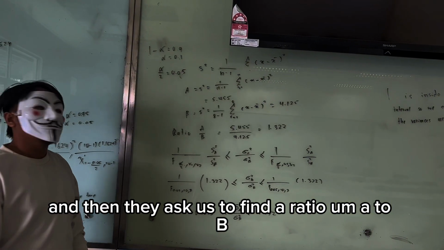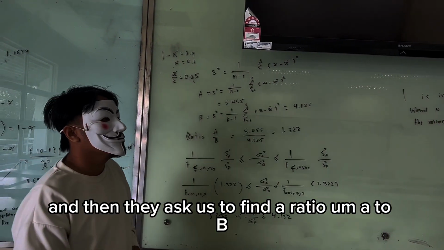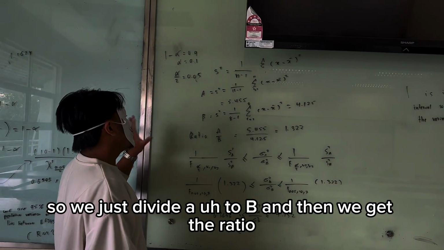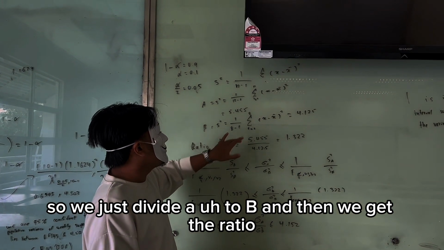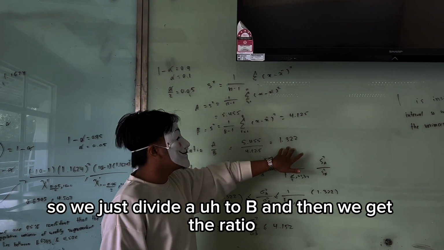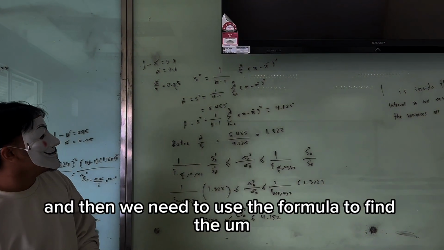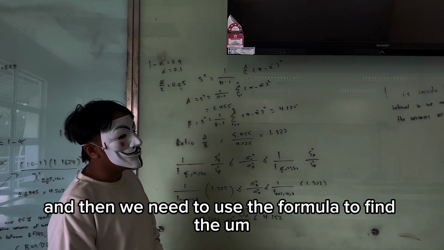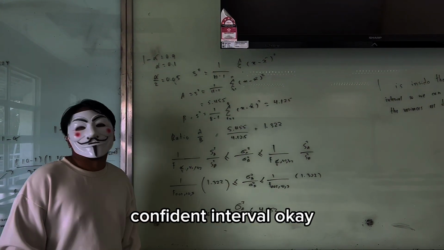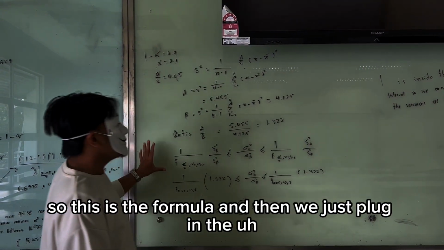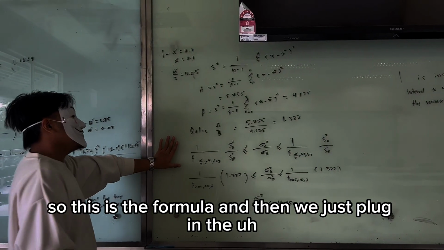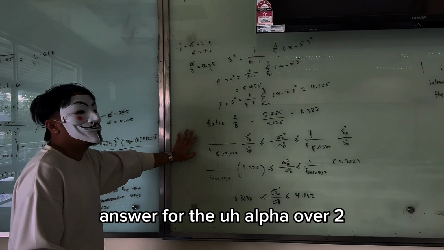Then they ask us to find the ratio A to B, so we just divide A by B and we get the ratio. Then we need to use the formula to find the confidence interval. This is the formula, and we just plug in the values.